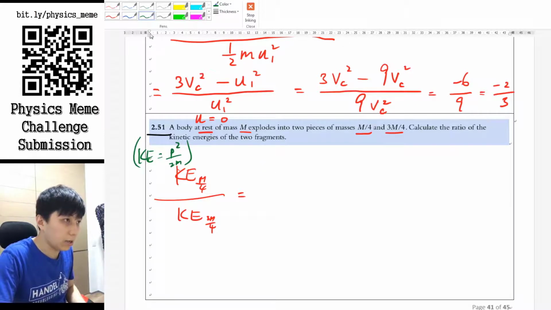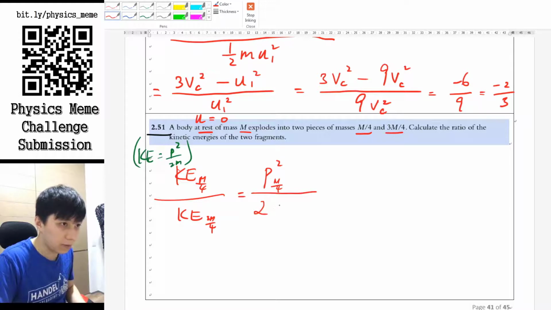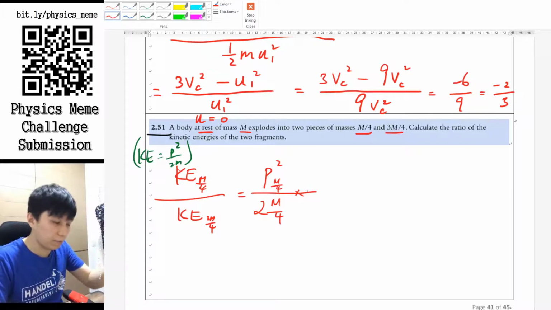And so in this case, that would mean I will have the momentum of the m over 4 squared over 2m, which is m over 4, times, you know when you divide something, you flip the fraction.